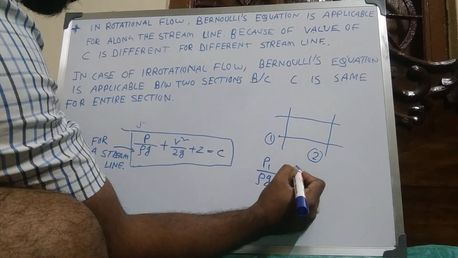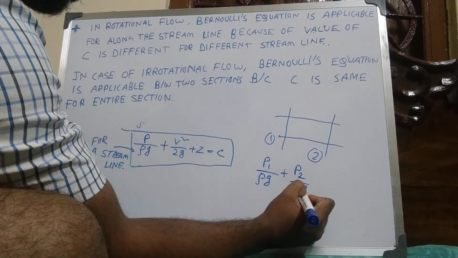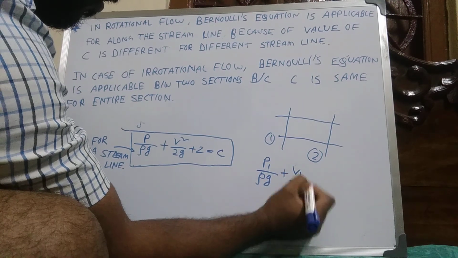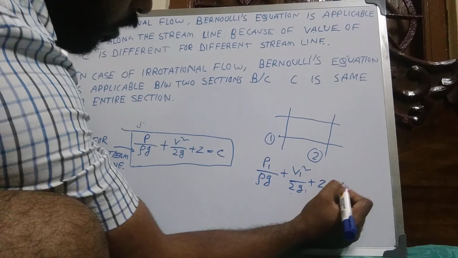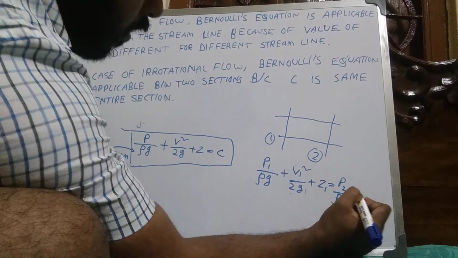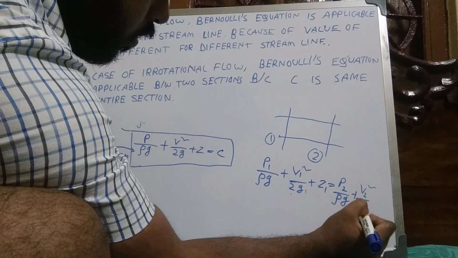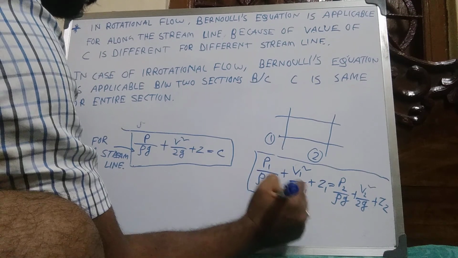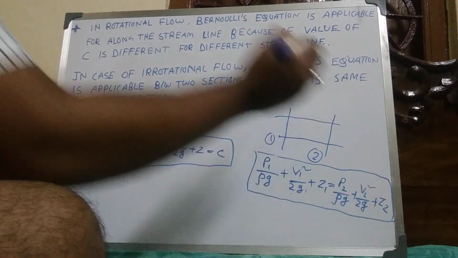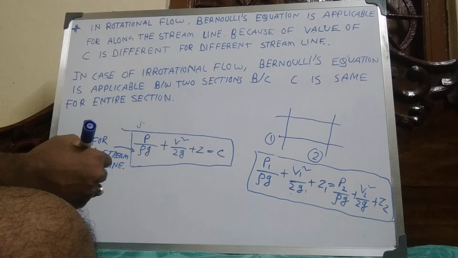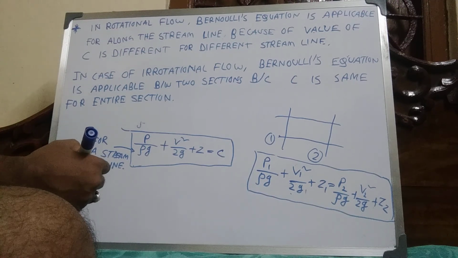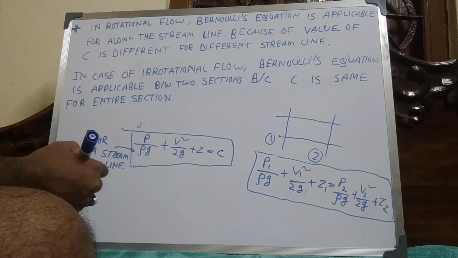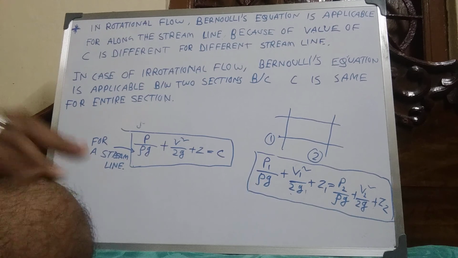So I can write p1 by rho g plus v1 square by 2g plus z1 equal to p2 by rho g plus v2 square by 2g plus z2. So from here you understand the flow must be irrotational for Bernoulli's equation. Understand?